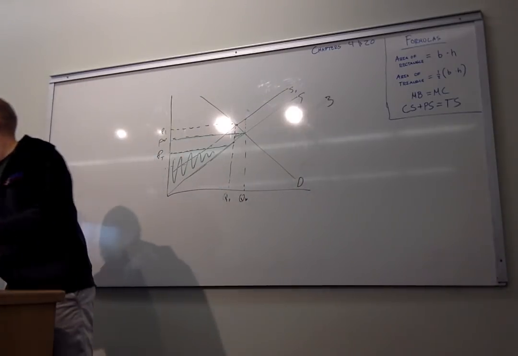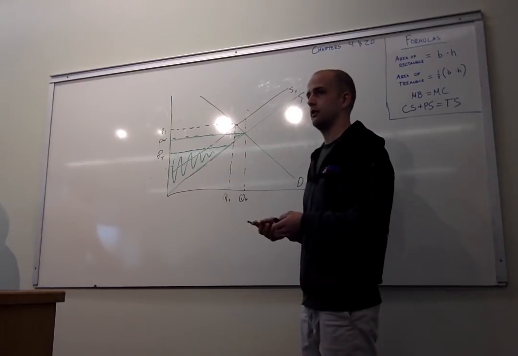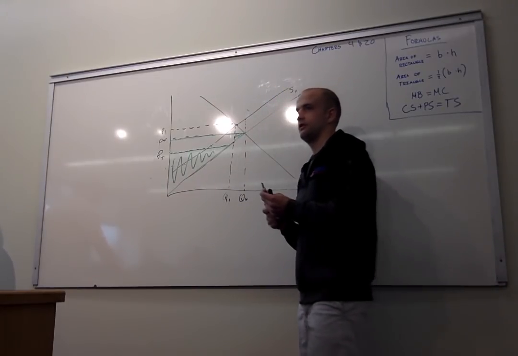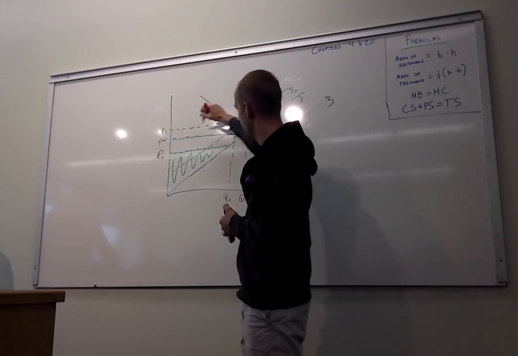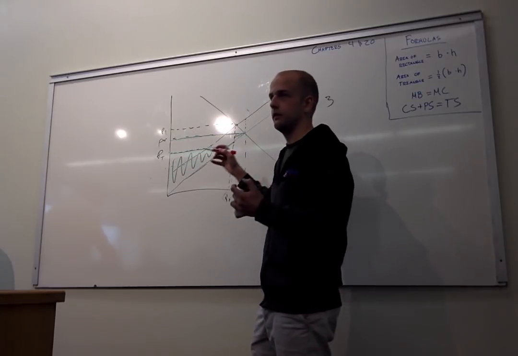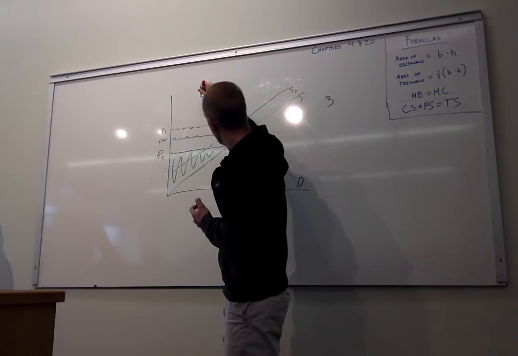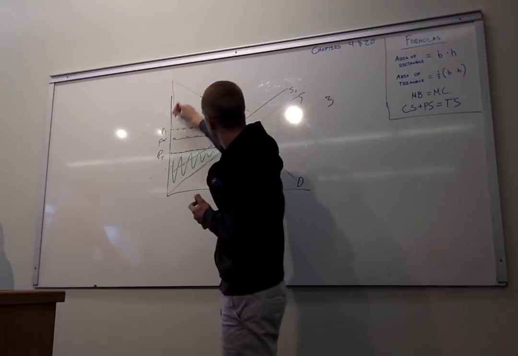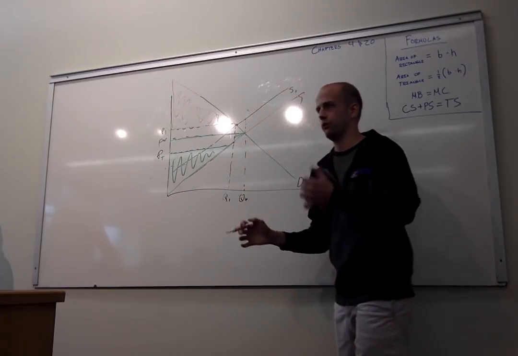Same with the consumer. Now it's the new price that they're paying, so we'll draw this line, below the demand curve. So this whole area is the consumer surplus.